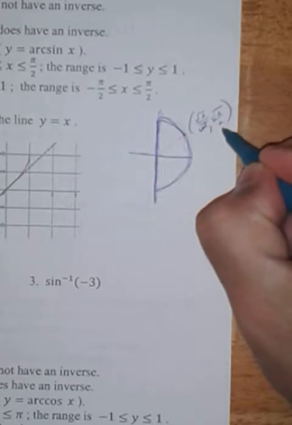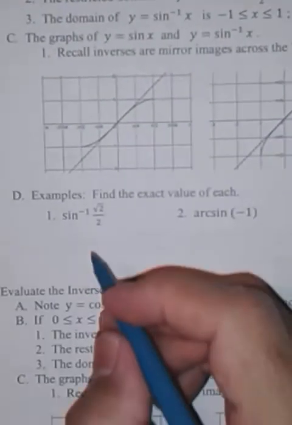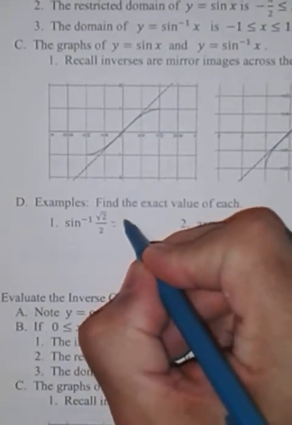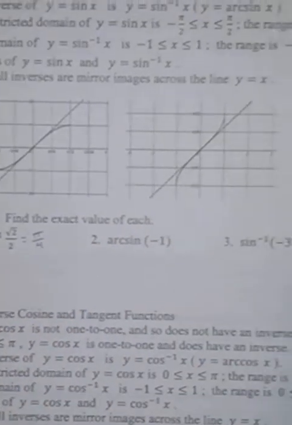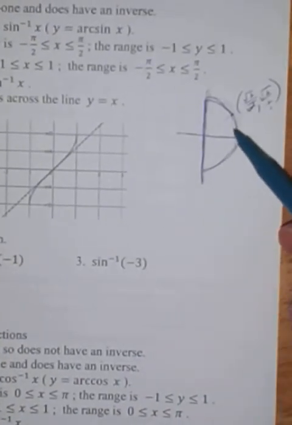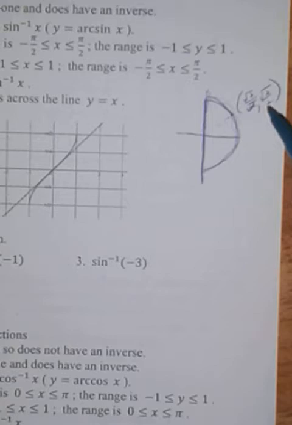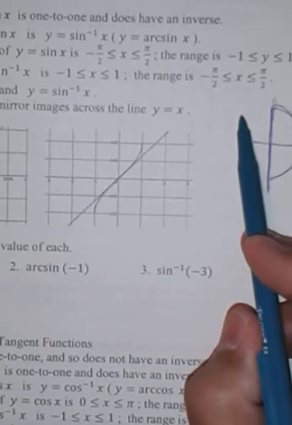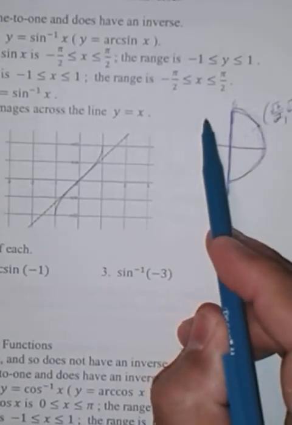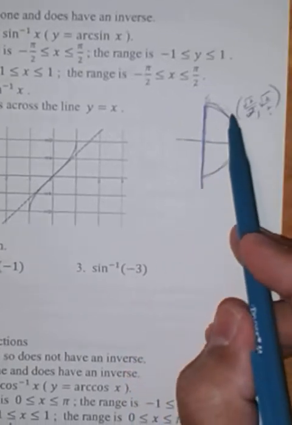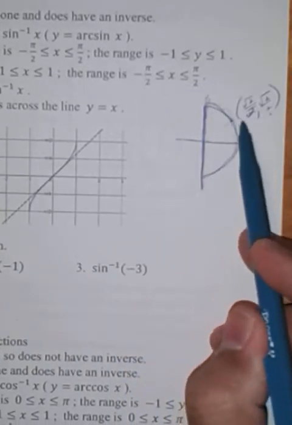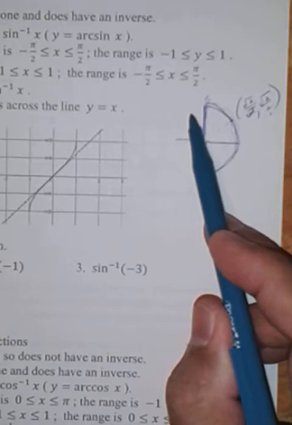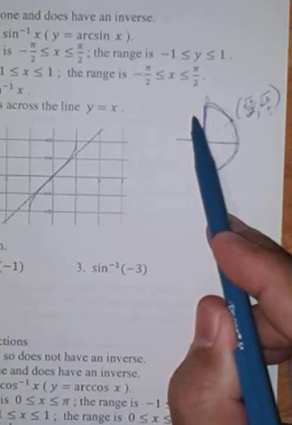So the sine is root 2 over 2 for pi over 4. So sine inverse of root 2 over 2 is pi over 4. Notice there are many other places where the sine is root 2 over 2, like, for example, 3 pi over 4, right? But the sine inverse can only give you outputs over here. So that's out of range. That's not in the range of sine inverse.